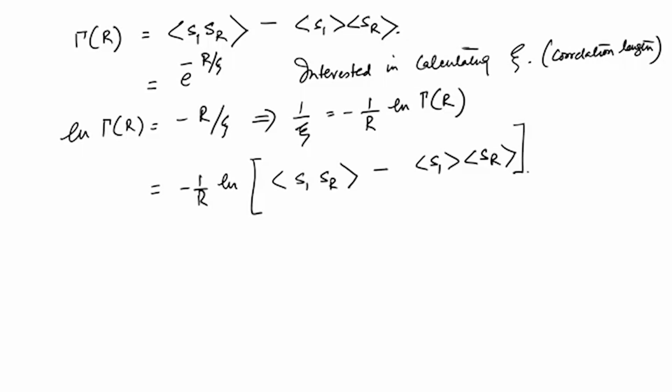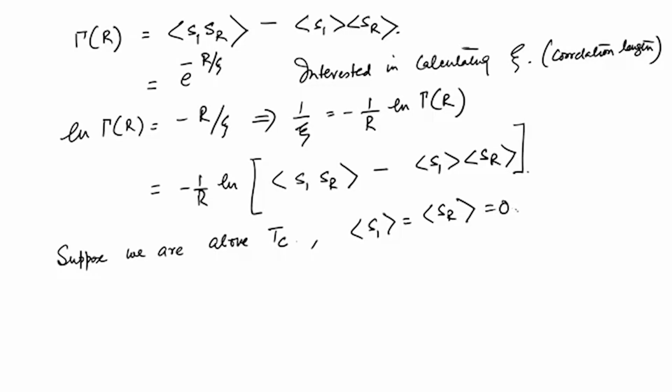Suppose we are above Tc. Then each of those S1 equal to SR is equal to 0, because the average value of the spin there is 0. We are only taking that the second term vanishes, in which case the log of gamma r is minus 1 over r log of S1 SR, just making things a little simple.